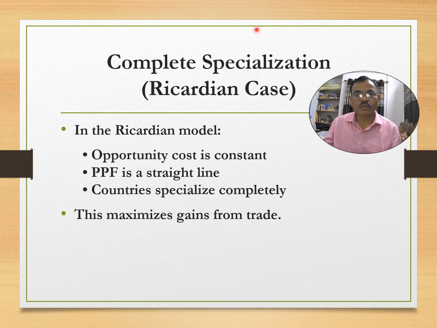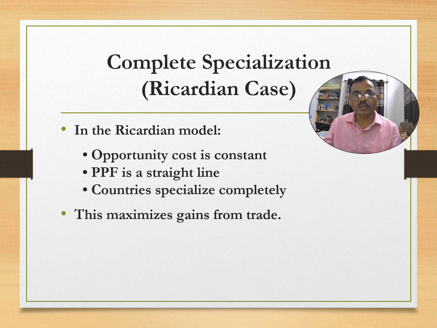This leads to complete specialization. Each country fully specializes in producing the good in which it has comparative advantage. Complete specialization maximizes total output and therefore maximizes gains from trade.